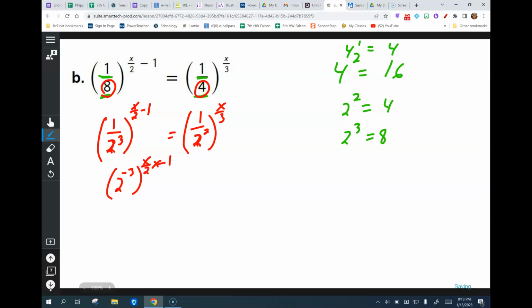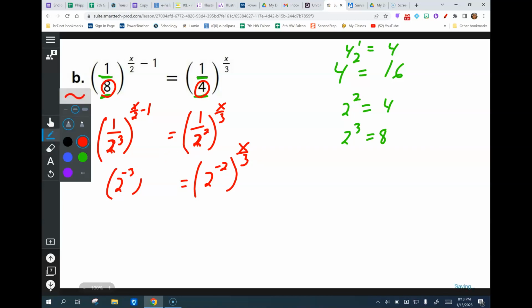And that exponent did not change. 2 to the negative 2, all of that to x over 3. This is x over 2 minus 1. That's my exponent.